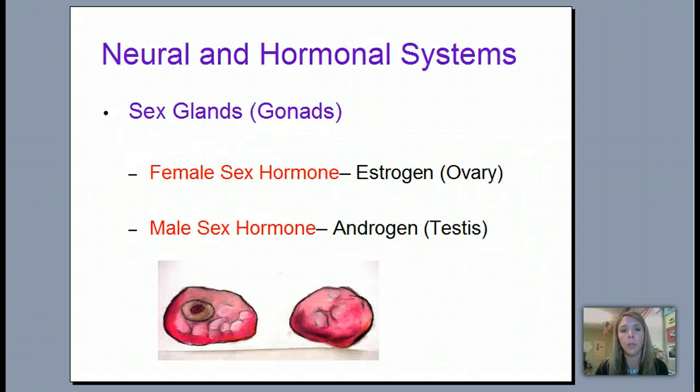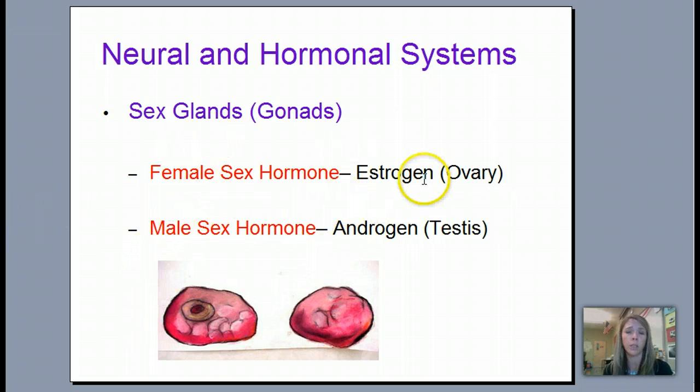Last one. These are our sex glands, the gonads. Remember we talked about how our pituitary gland releases the hormone that goes to the gonads. When your body hits puberty, your pituitary gland is releasing enough of those hormones to go to your gonads to start developing. If female, our hormone is estrogen.